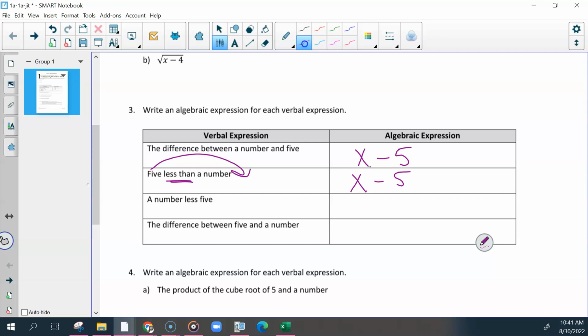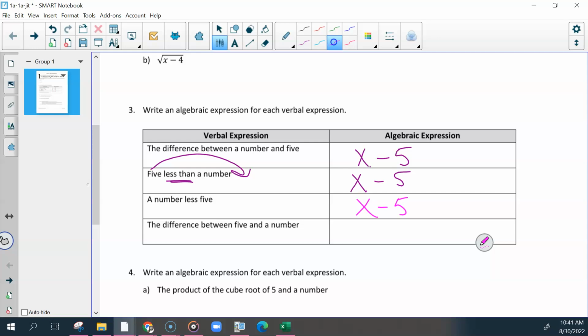A number less 5. Anyone want to share their answer for that? Someone's afraid now. I'm going to write it. This one is the same. So less doesn't mean the turnaround phrase. Less than does.